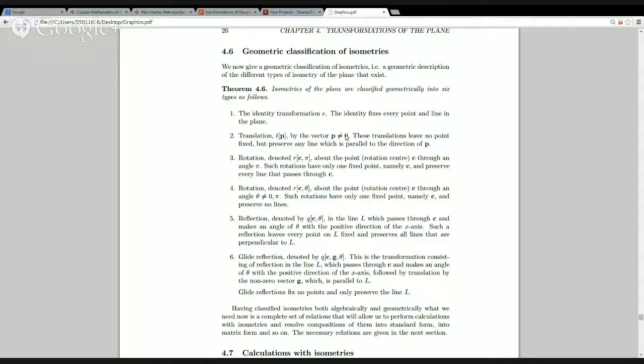Now similarly, the vector (c, d) is also on the unit circle, and its dot product with (a, b) is 0. So it's going to be at an angle pi over 2 to (a, b).